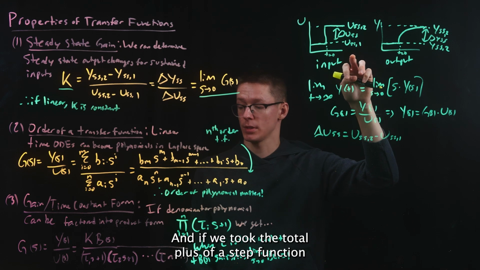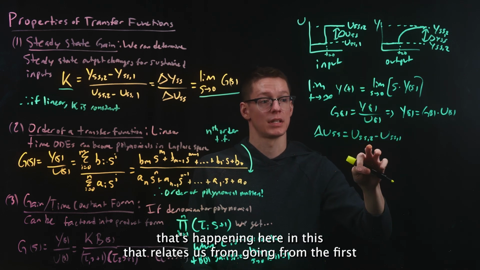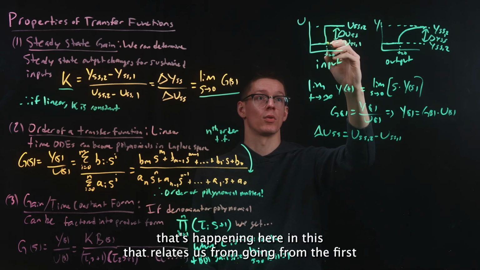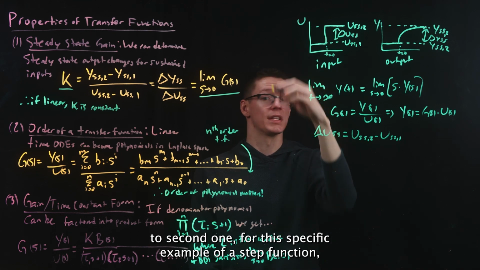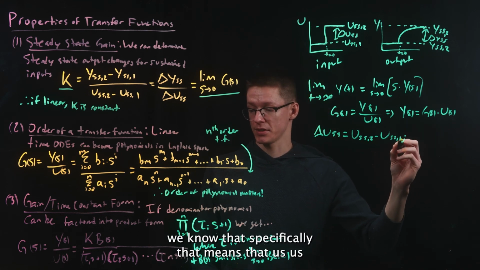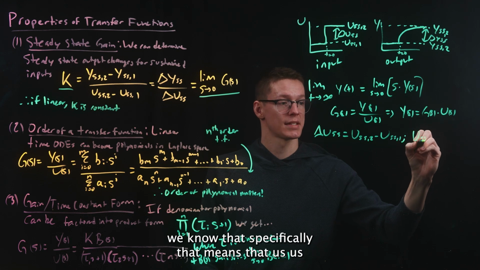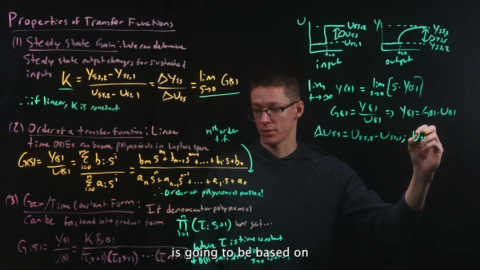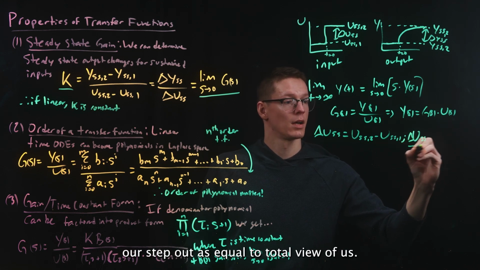And if we took the Laplace of a step function that's happening here, that relates us from going from the first to the second one, for this specific example of a step function, we know that U of S is going to be based on our step.